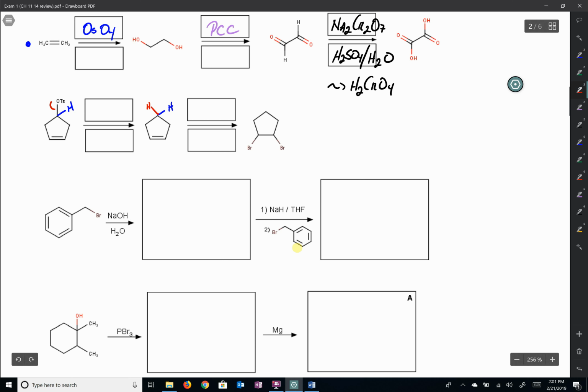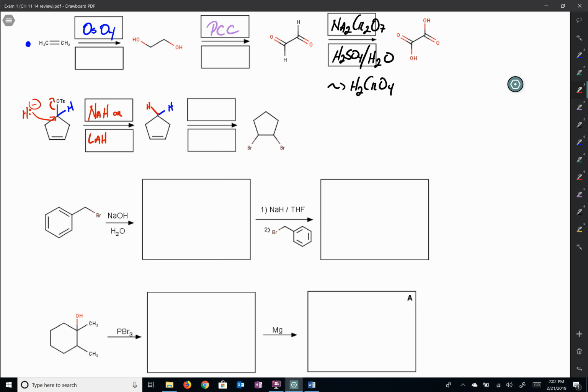And if we want to displace a tosylate, we're going to need a good nucleophile to come in and do that. We're going to need an H with a minus charge. And so to do that, we could use sodium hydride, or LAH would be fine also, although LAH is a bit excessive, but I think it'll be fine in this case. Either one of those would be fine. We need an incoming hydride.